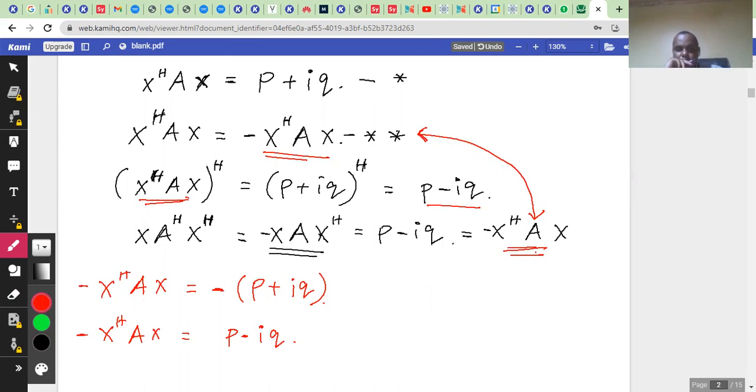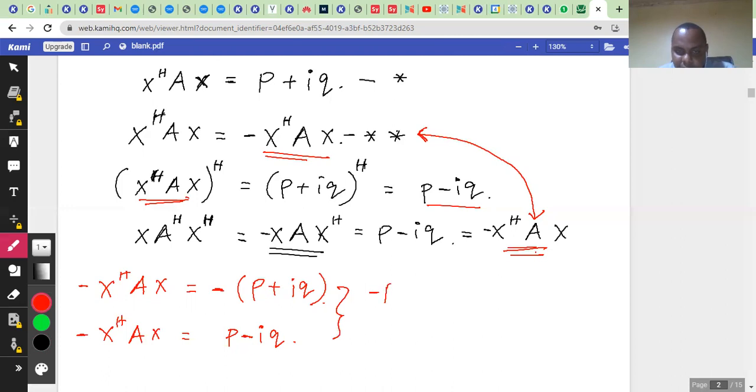That's what I said: negative x^H A x equals p minus iq. And then negative x^H A x equals negative p plus iq. So it means that the two are equal.